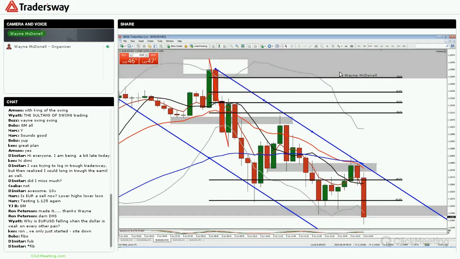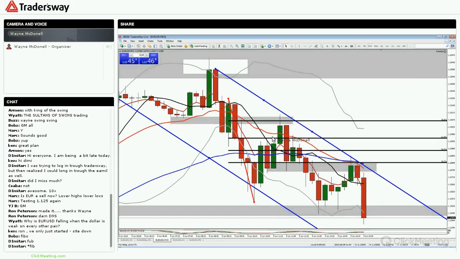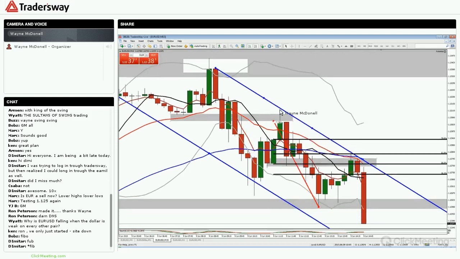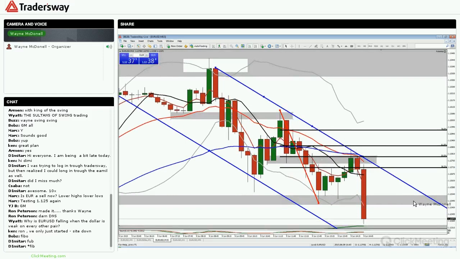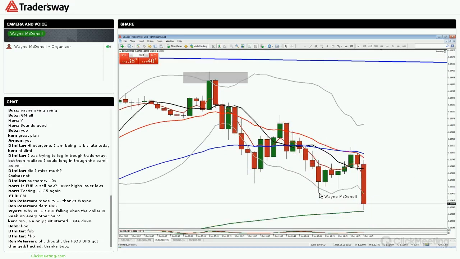Okay, 50% retracement. 78.6 retracement. 61.8 retracement. It's made a lower low. What's going to happen? You're going to sell the lower high. Probably take a couple hours.